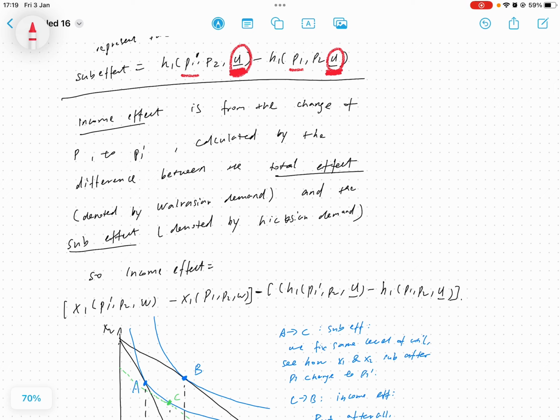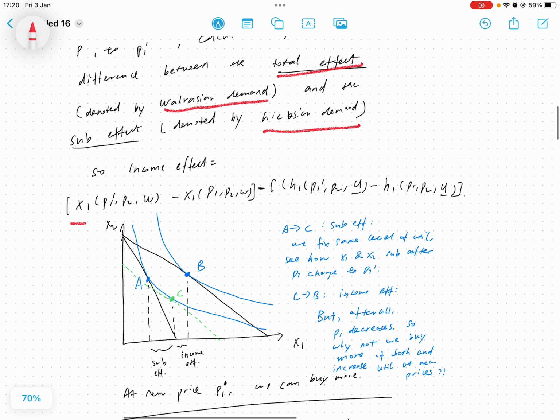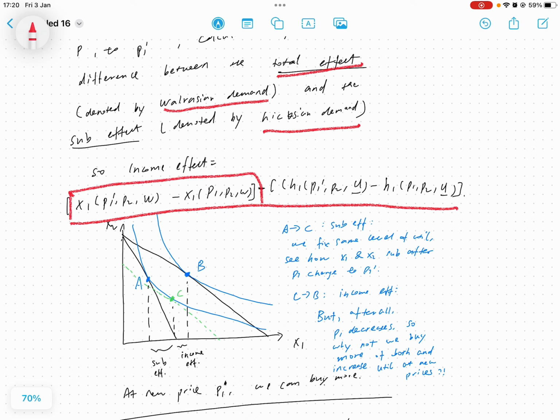The total effect will be just the difference of the change of the ordinary demands, the Xs, and the substitution effect will be the changes of the Hicksian demand, which is the Hs. So the income effect will be the difference between those two differences: the first is the difference between the ordinary demands, and the second is the difference between the Hicksian demands.